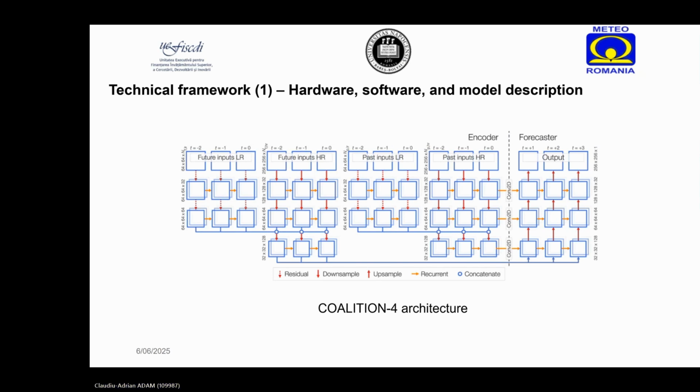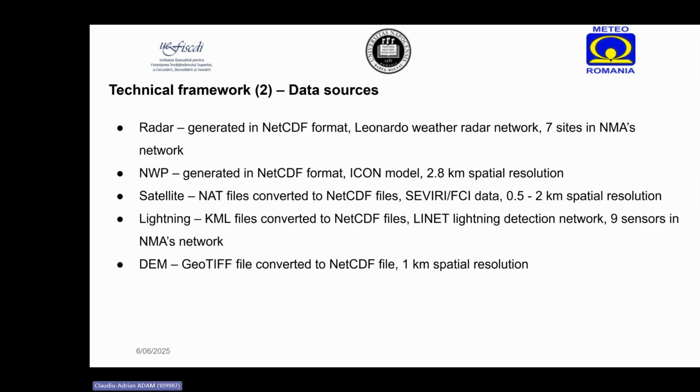Okay. Going further here, we have the data sources. As I've said, the data sources are radar, numerical prediction, satellite, lightning, and digital elevation model. Not all of them, but most of them were in different file formats, and we had to transform them into the NetCDF format.